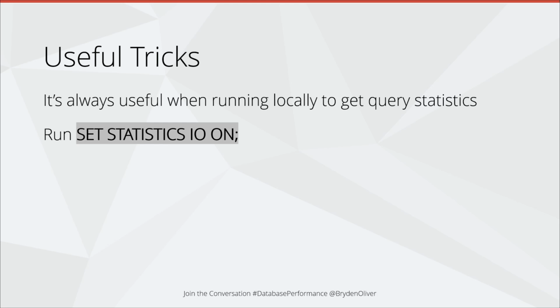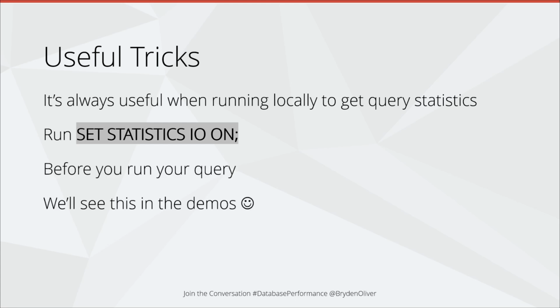So SET STATISTICS IO ON, and it will return you a whole bunch of statistics when the query finishes that allow you to understand how much work it's actually done. And we'll see this in all the demos, and there are quite a lot of demos in here because the idea is to let you see how you can measure this stuff more than the tips.